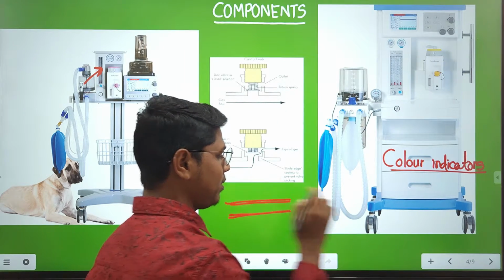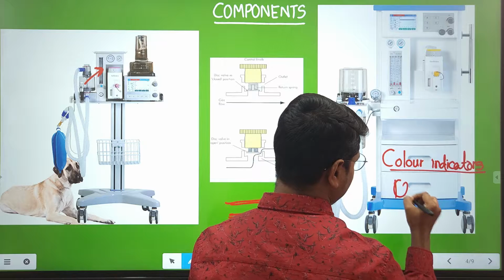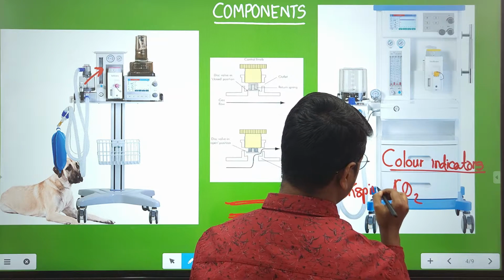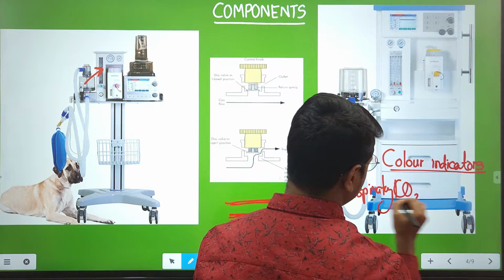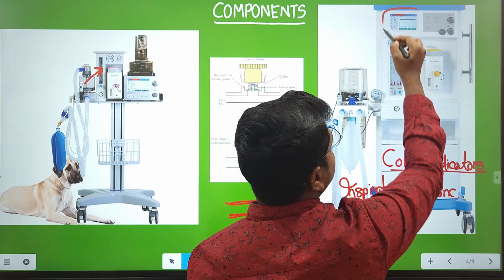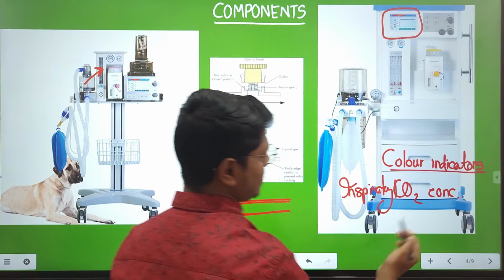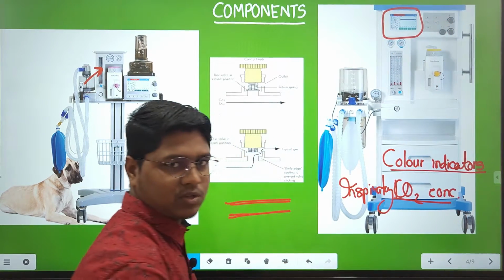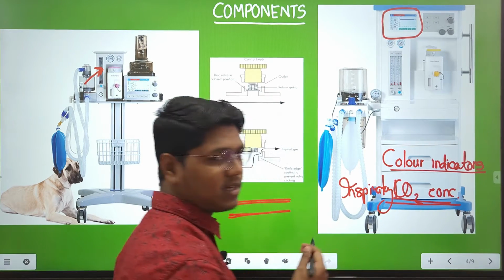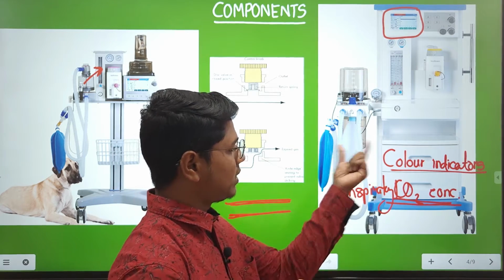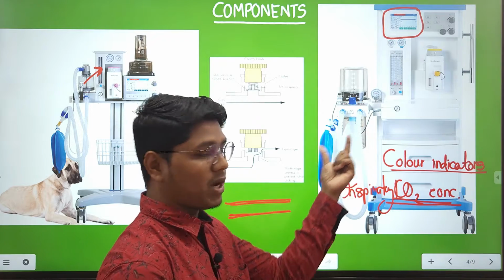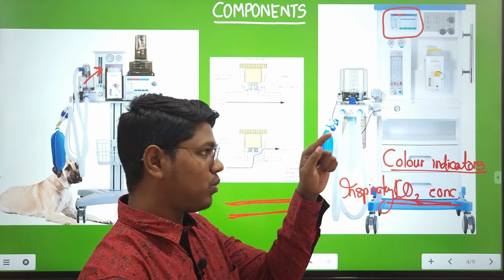The reliable one is inspiratory CO2 concentration. There will be monitors which will be measuring this CO2 concentration. So when the inspiratory CO2 concentration is increasing, you will know that this soda lime is not working because it is not absorbing.